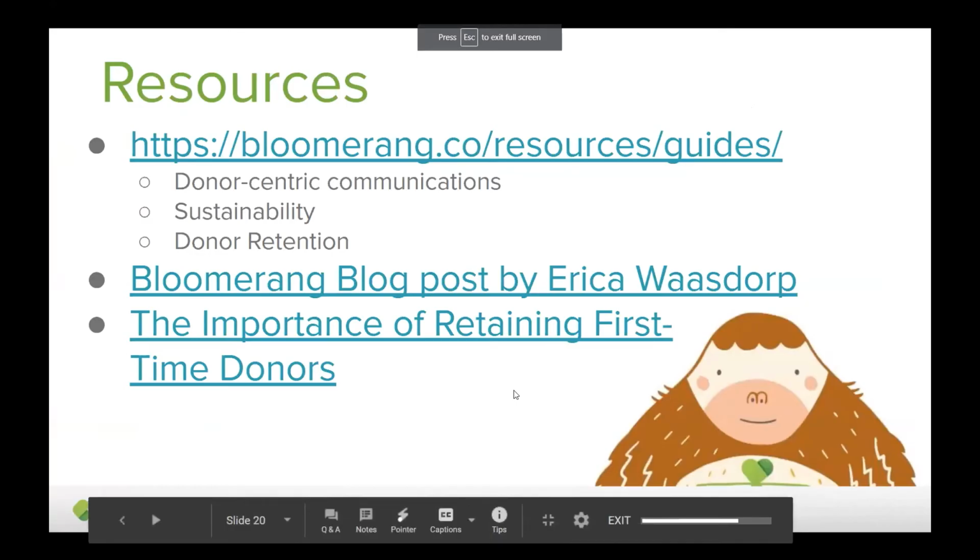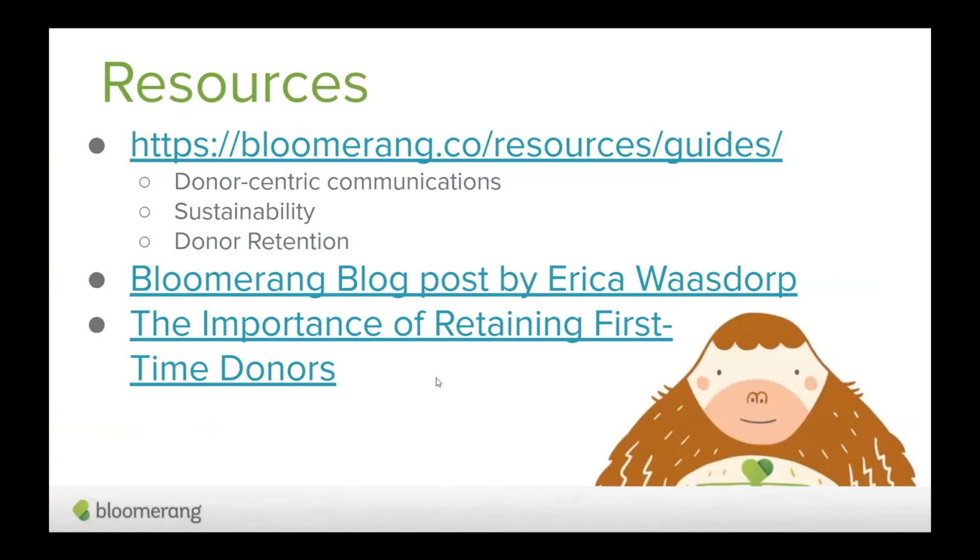All right. So from there, we'll click back over here. I have a couple of resources laid out here. So we have a couple of guides up on the Bloomerang website. So there's some donor-centric communication ones, sustainability, donor retention, all of that.